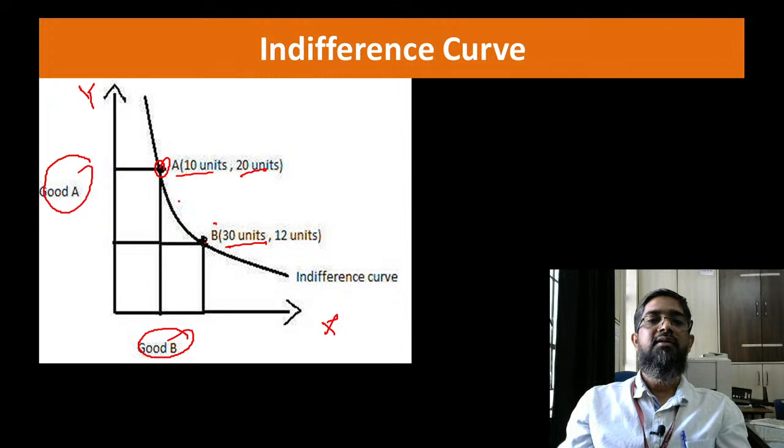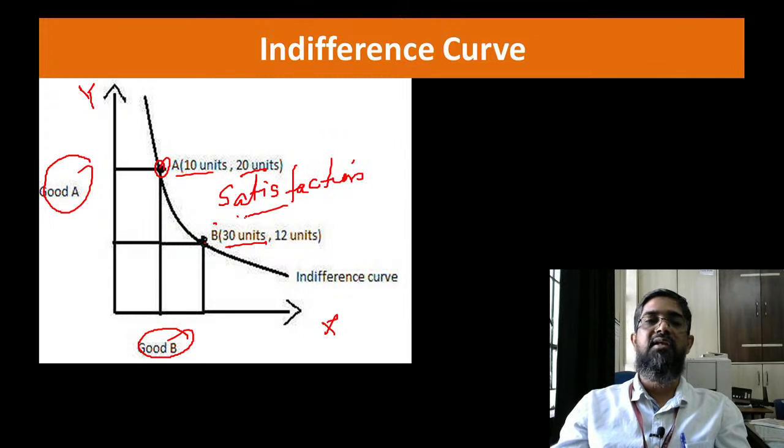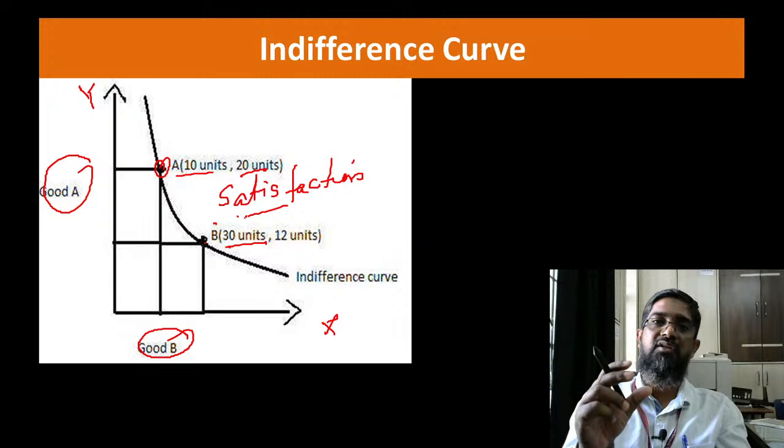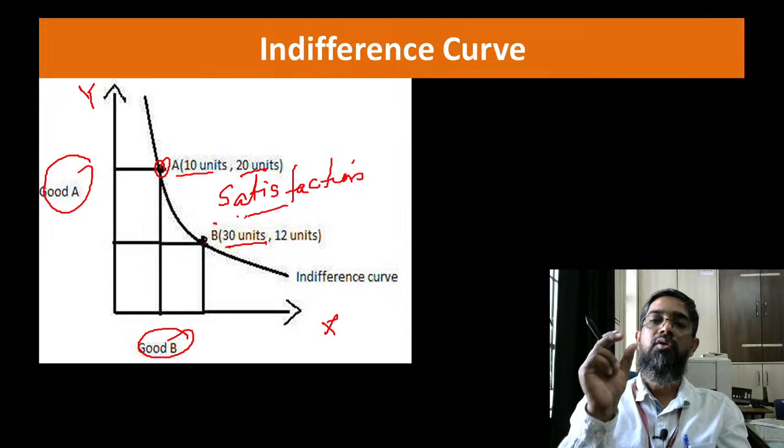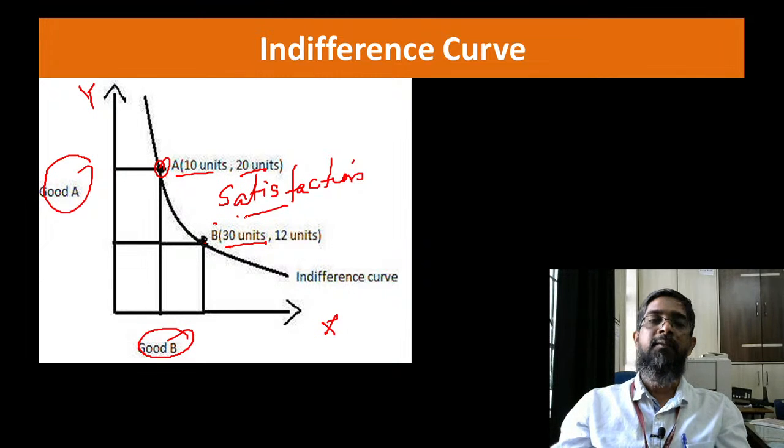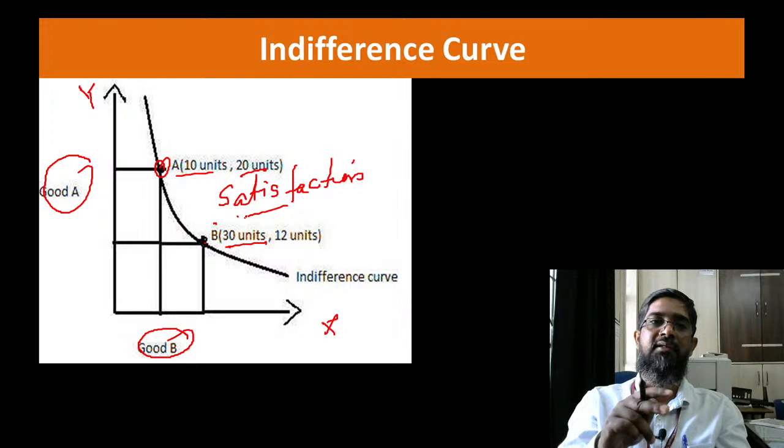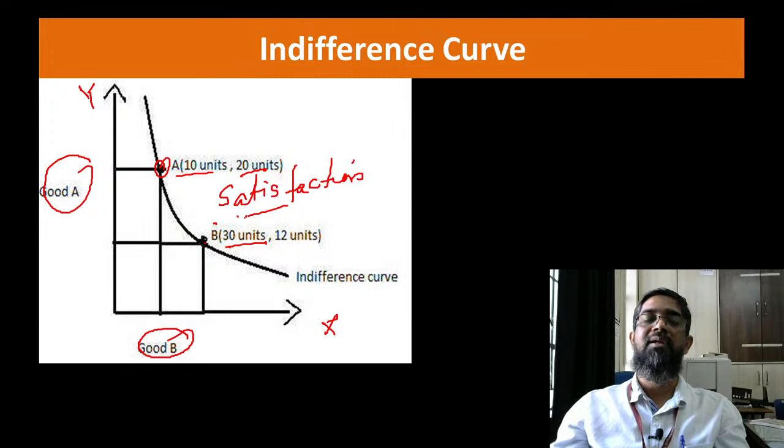So you are indifferent between A and B, whether you are at point A or point B, your satisfaction will remain the same. So indifference curve tells you the same level of satisfaction derived from different combinations of two commodities, right? Your consumption combination of two commodities may be different, but satisfaction will be the same.